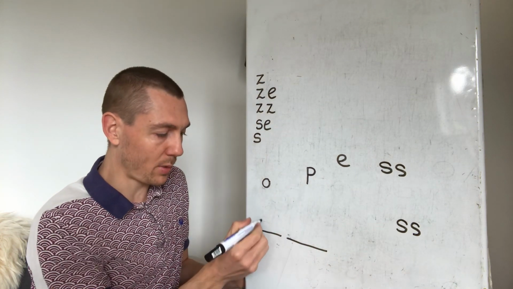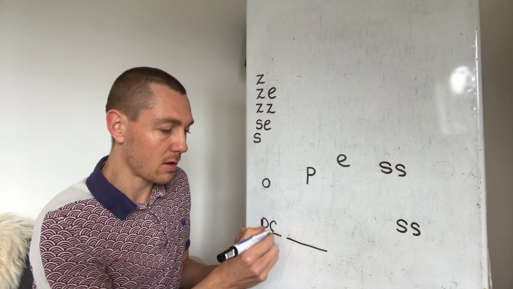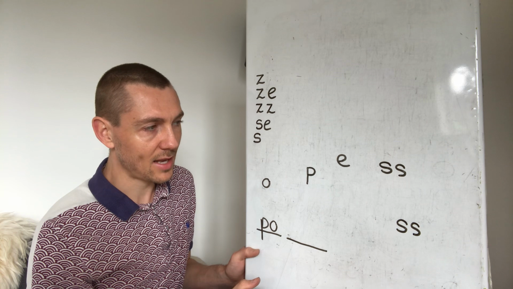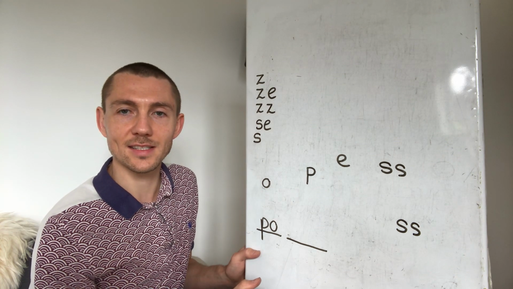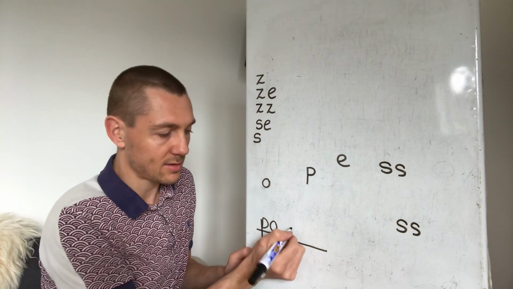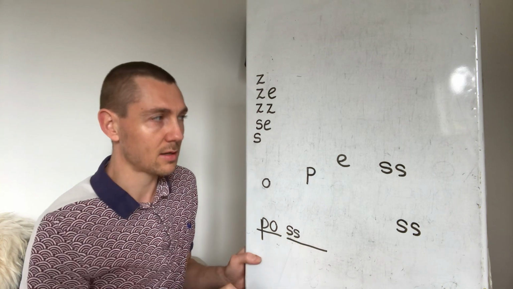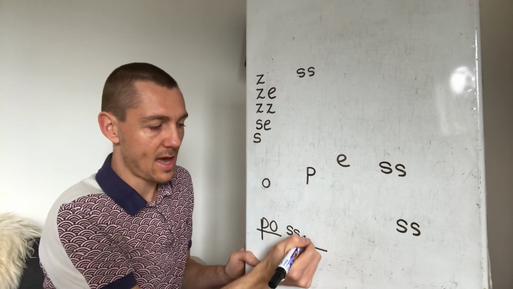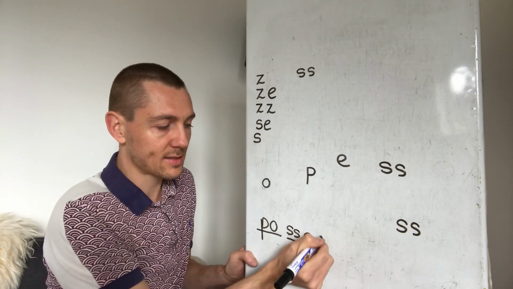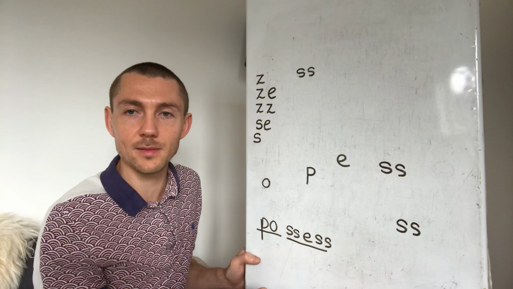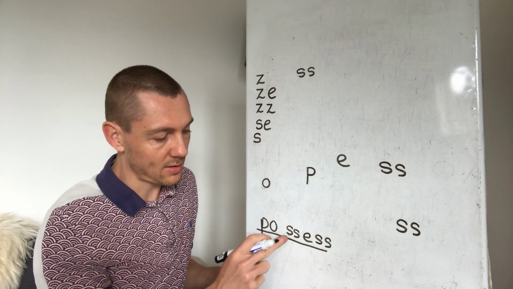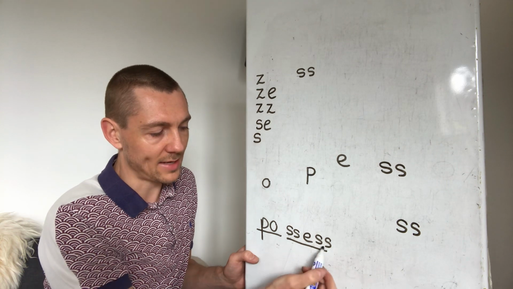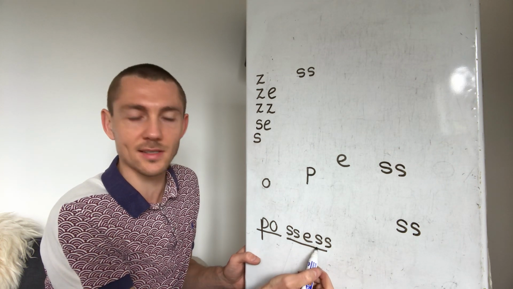Okay, and we say p, o, po, z, s, zess, z, s. Now be careful, because in possess, the same two letters are being used to spell the z sound as they are to spell the s sound.